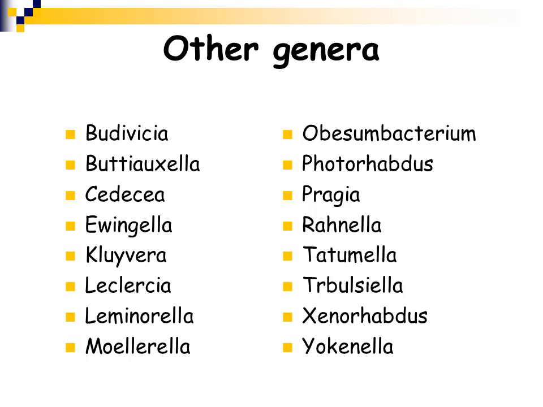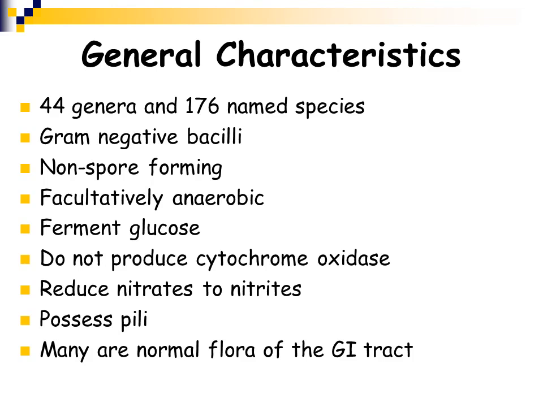Now we focus in this course on the organisms that are associated with disease, or the medically relevant organisms. So some of the organisms on this slide we will mention, but these organisms are not highly associated with disease in humans, so we won't talk extensively about most of these organisms.